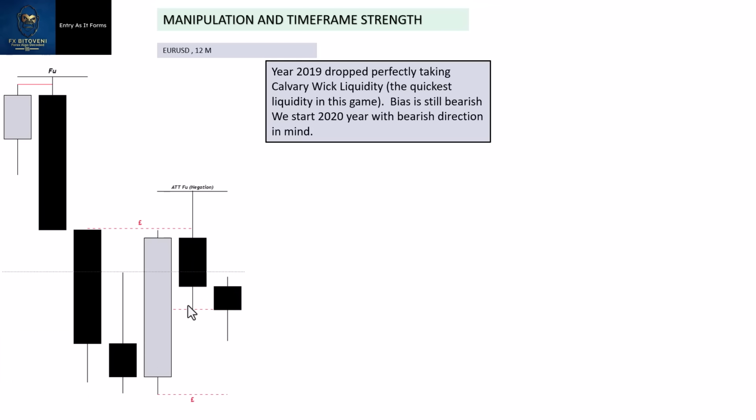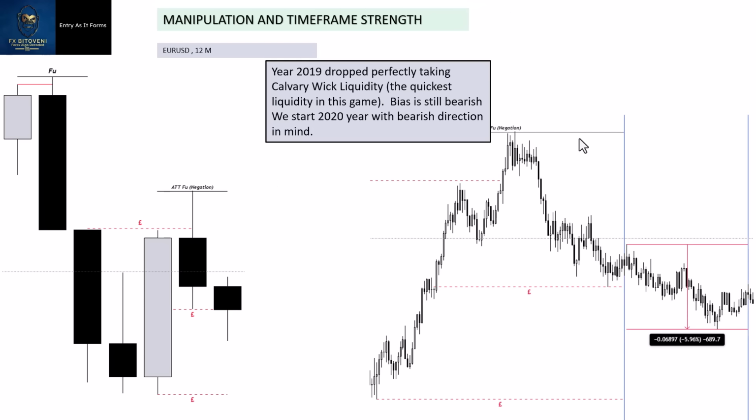So here you can see during the open of this candle, it went higher. The open is here. It went higher and it started trading all the way down here. So you can trade Euro USD knowing that you are going down. You are not going higher. You are going down, right?